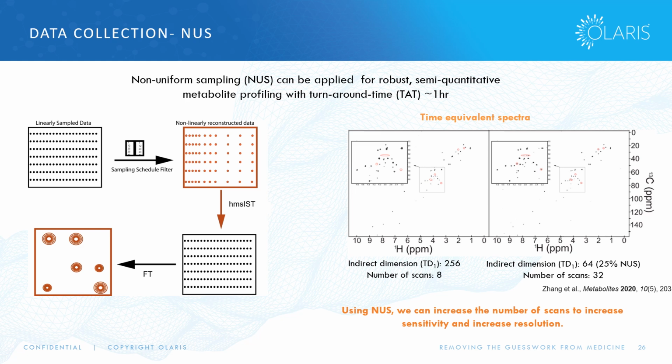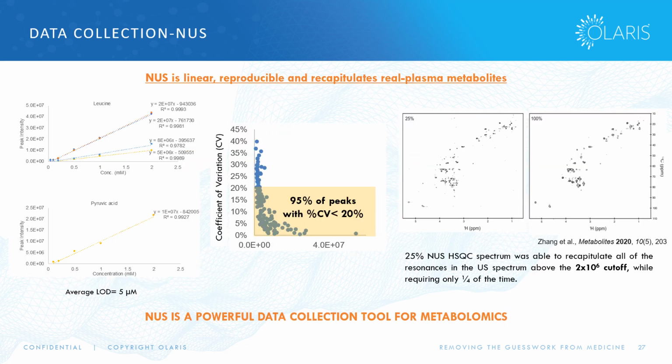And we saw that using the same time of a uniformly acquired data, we get a lot more peaks with a NUS spectrum. Moreover, we saw that the linearity was perfect for some of our molecules that we tested. We had a low limit of detection, and then we had a low CV%.